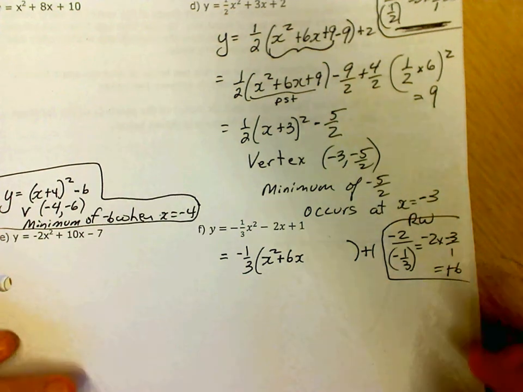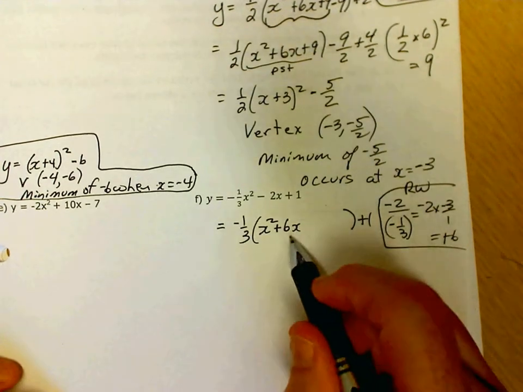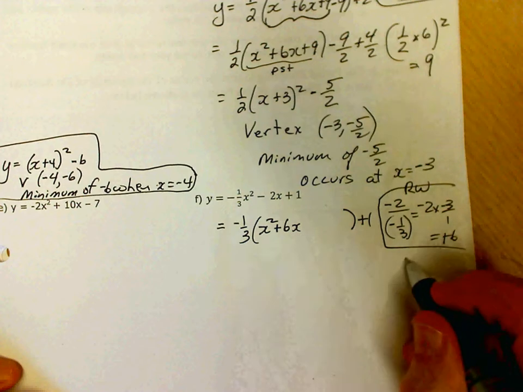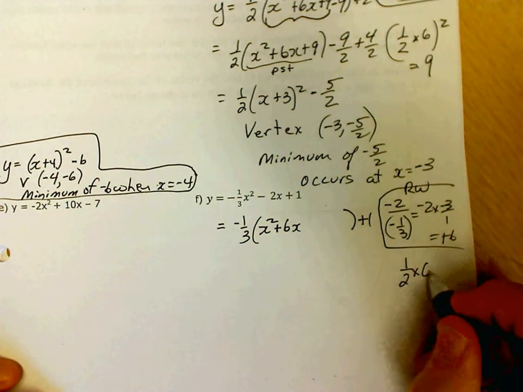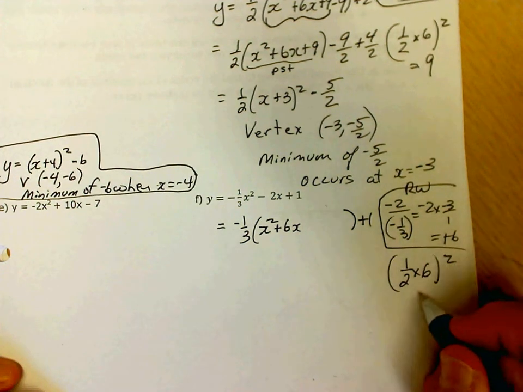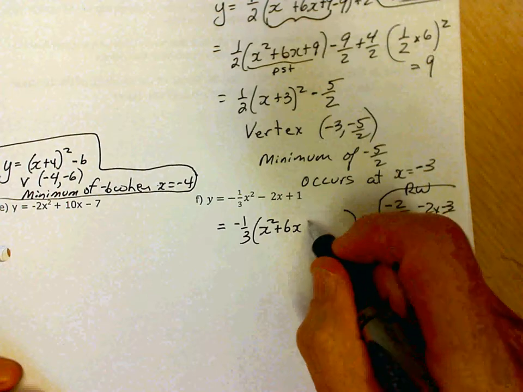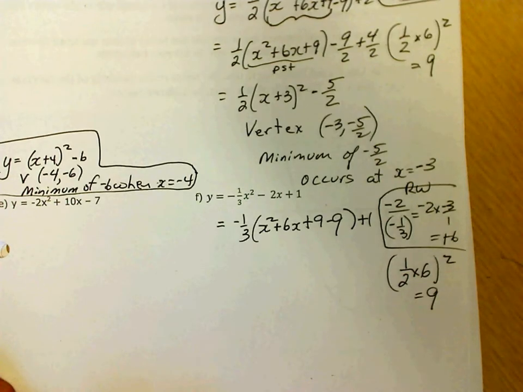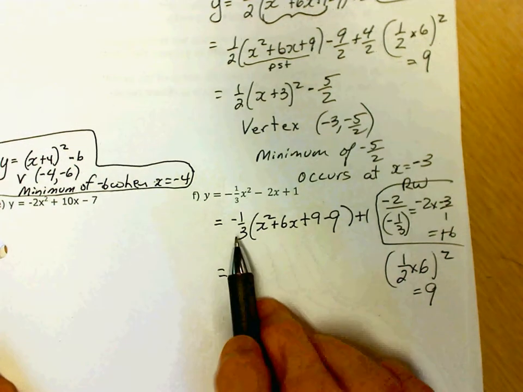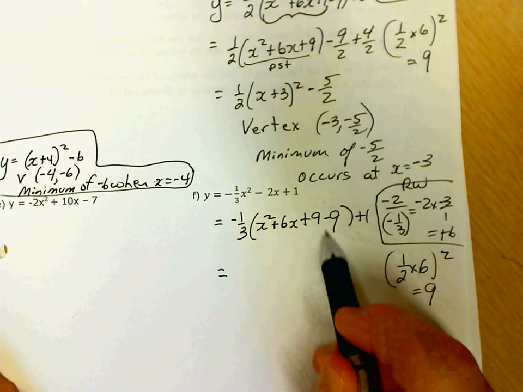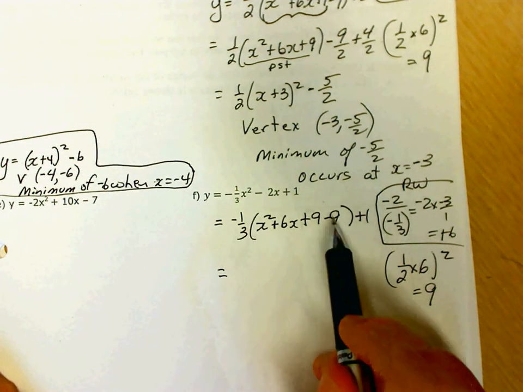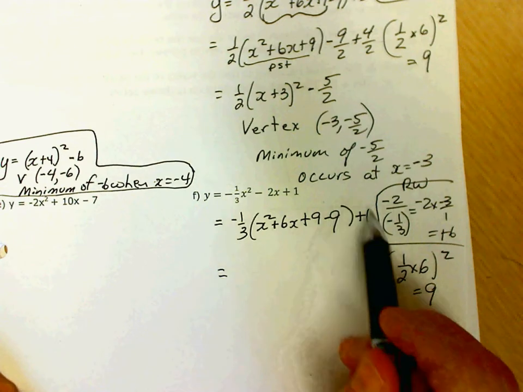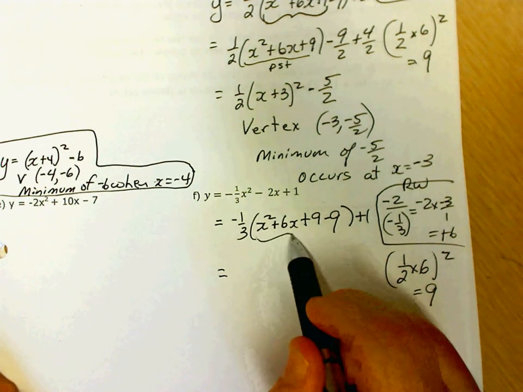So now we need to halve and square the coefficient of the linear term. So that equals 9, right? Plus 9 minus 9. So we're going to have to kick this negative 9 out. We're just going to multiply it by negative 1/3 to move it, so we have nothing to interfere with the perfect trinomial square.